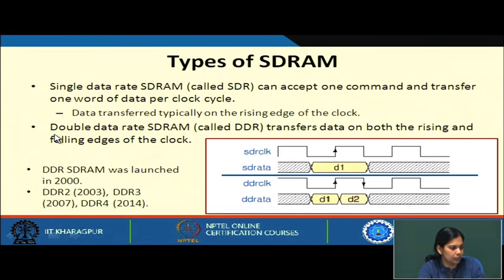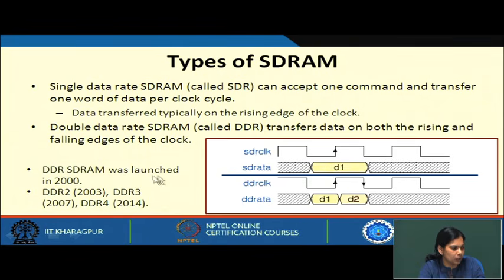Let us move on with double data rate SDRAM, which is called DDR, and it transfers data on both the rising edge and falling edge of the clock. So, data transfer takes place both on the rising edge as well as on the falling edge. So, within a clock, two data are transferred, one on the rising edge, another on the falling edge. These types of SDRAM are called double data rate RAM.